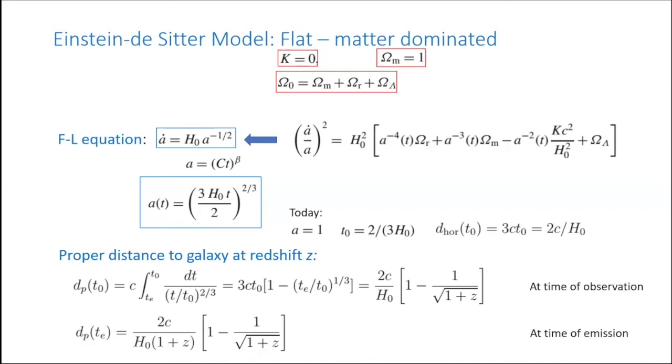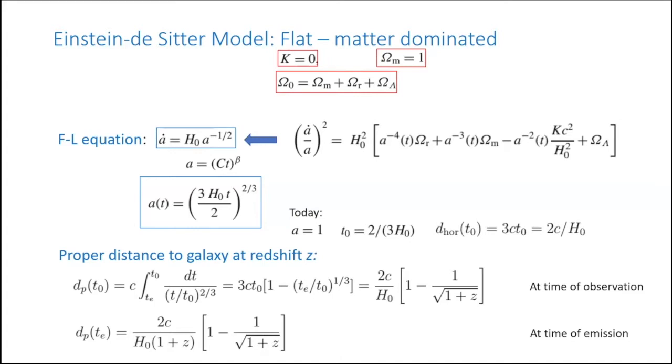If you're given a source, a galaxy at a particular redshift, then you can calculate the proper distance between us and that galaxy at 2 different times. First is at the time of observation. Once you see the galaxy, meaning the photon reached you, you could calculate the distance between that galaxy and us right now.